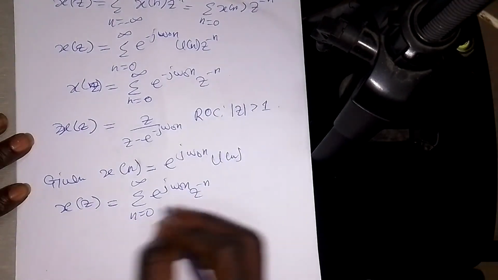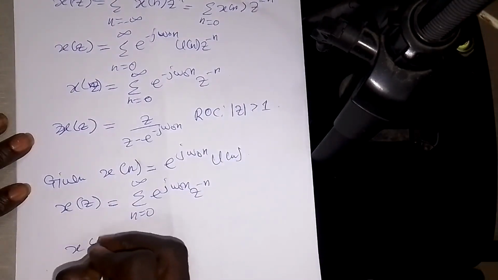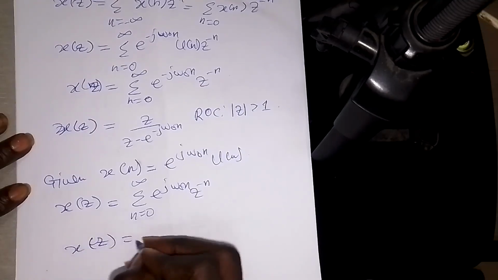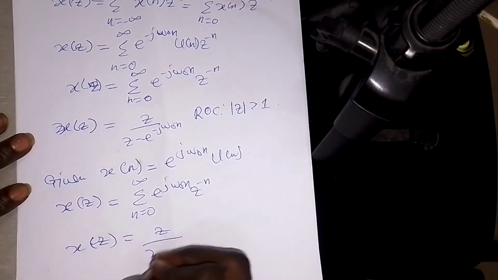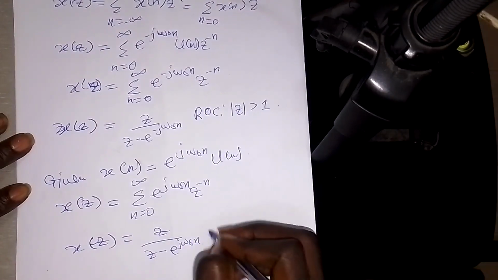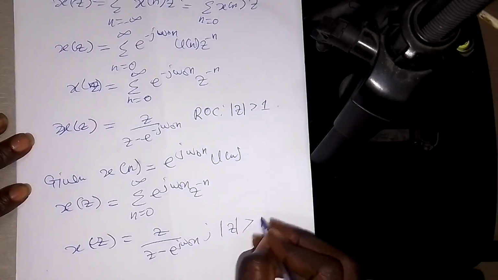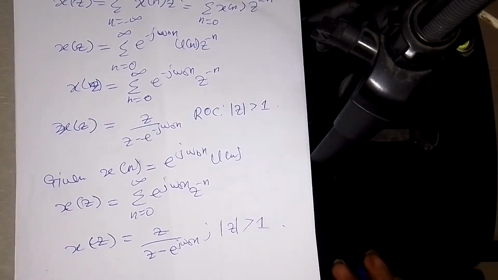So now if you have a function like this, the Z transform here is going to be z over z minus e j omega naught n, with mod z greater than 1. So basically, this is what you can get over here too.